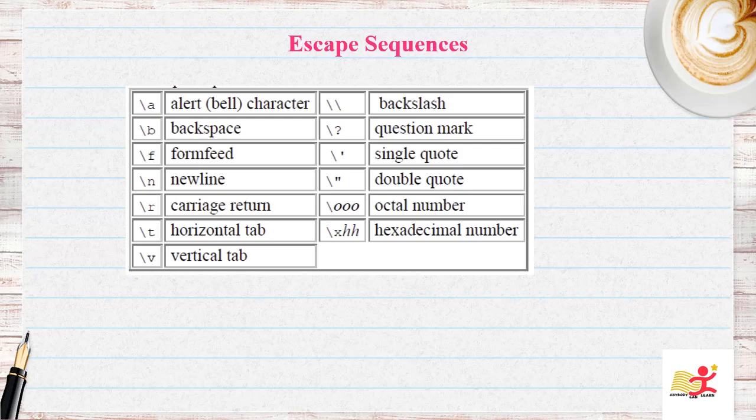Now here is a complete set of escape sequences, that is \a for alert character or bell character, \b for backspace, \f form feed, \n new line, \r carriage return, \t horizontal tab, \v is for vertical tab, \\ for backslash, \? for the question mark itself, \' for single quote, \" for double quote, \ooo for octal number, and \xhh for hexadecimal number.